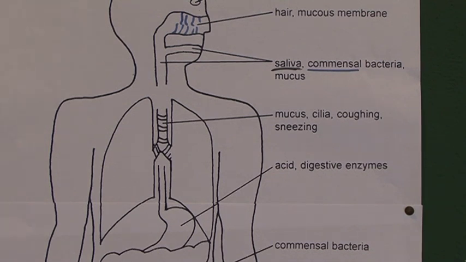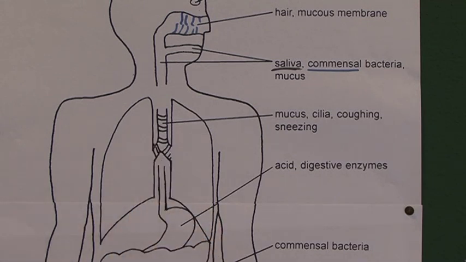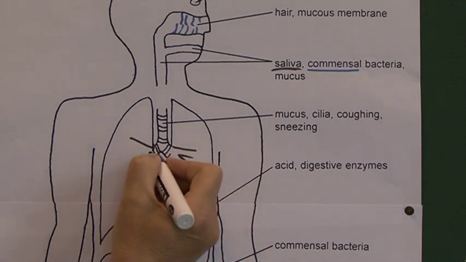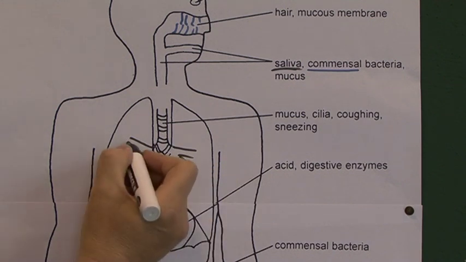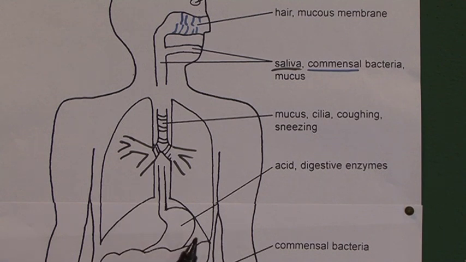Now, the respiratory tract, this is supposed to be the trachea here, but all the respiratory passages, of course, break down into progressively smaller bronchial passages, forming the bronchial tree. And these bronchial passages are lined with mucous membrane, but it's a special form of mucous membrane, and it's ciliated.